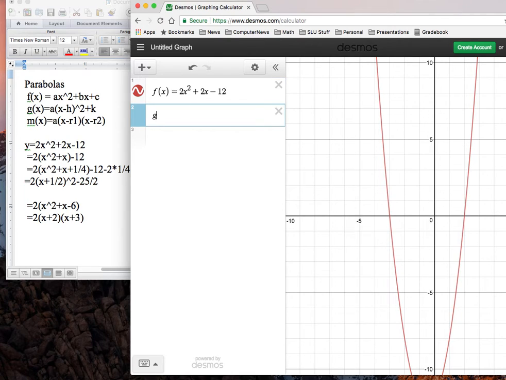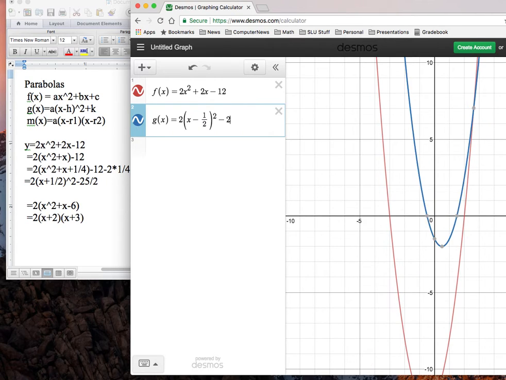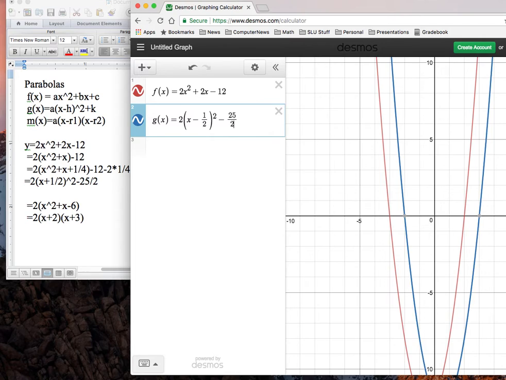And my second one is g of x equals 2 times x minus 1/2 quantity squared minus 25 over 2.